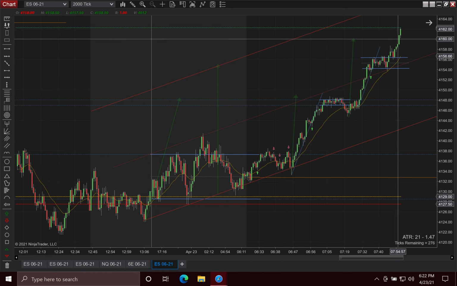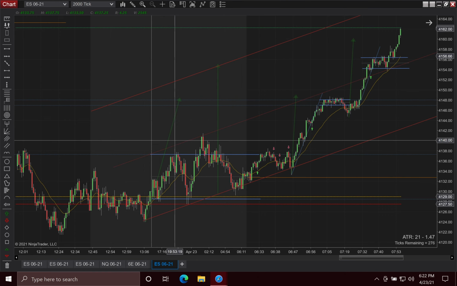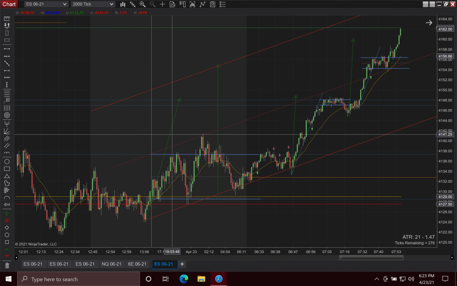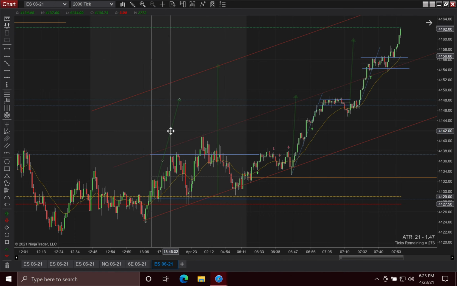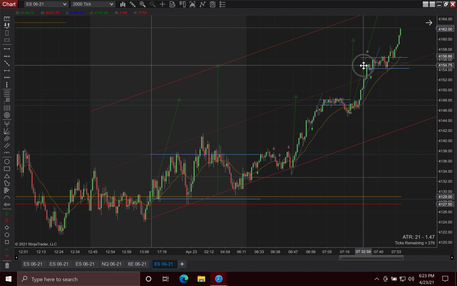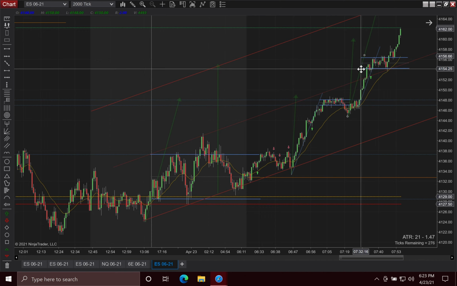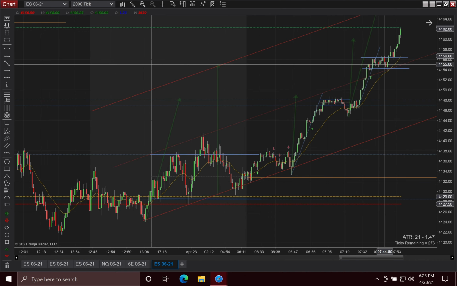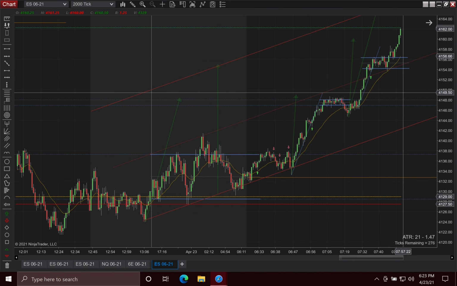So, no one is selling right there. That makes me think, okay, people are seeing an even bigger target. And so maybe that's leg one, and then we have a leg two here.